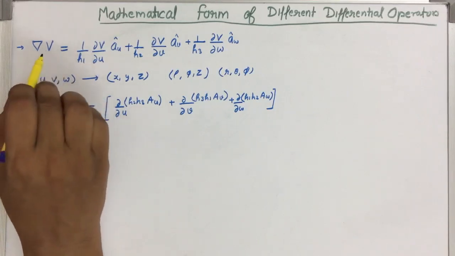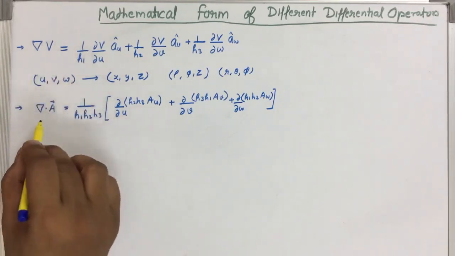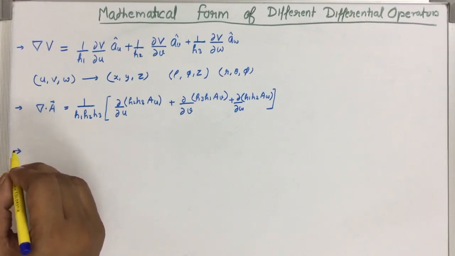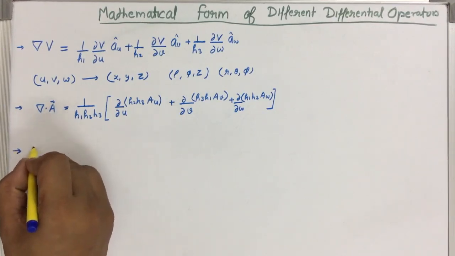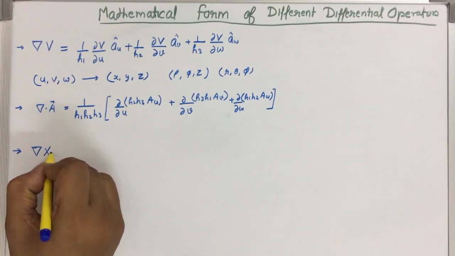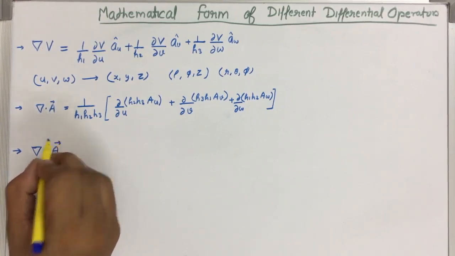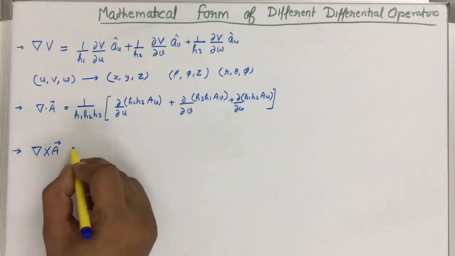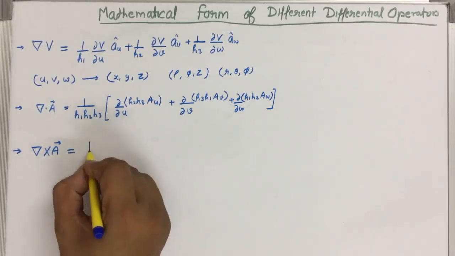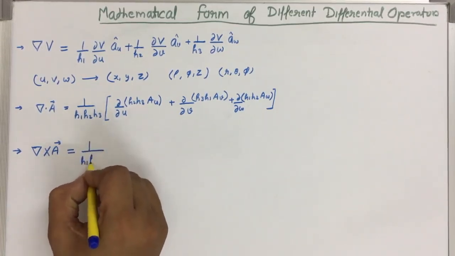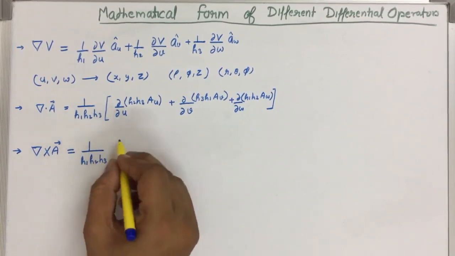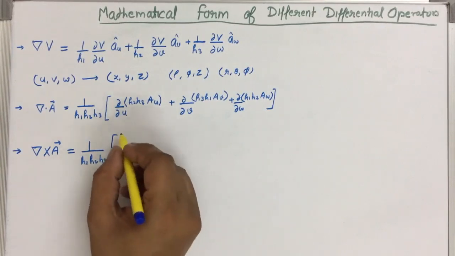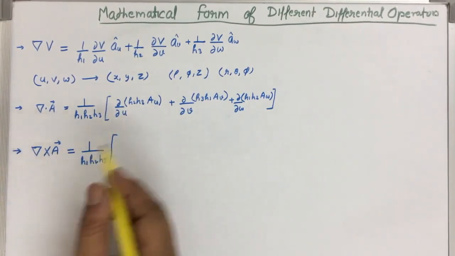Now gradient, divergence. After that, let us talk about curl, and curl can be written as this, and it can be generalized as 1 by h1 h2 h3 as it is here, and this will be a vector quantity.